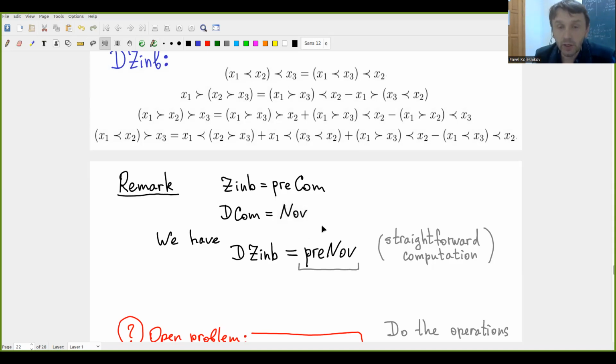It doesn't require any linear algebra, it's just rewriting something in some sense. We may apply dendriform splitting to Novikov algebras to get the identities that define pre-Novikov algebras. It turns out that derived Zinbiel algebras and dendriform Novikov algebras, these two classes actually coincide.